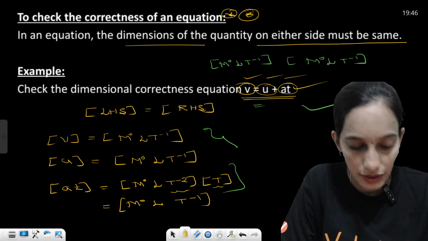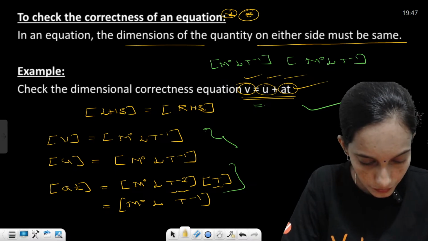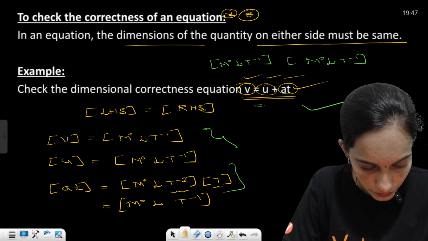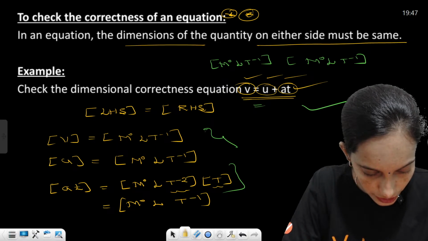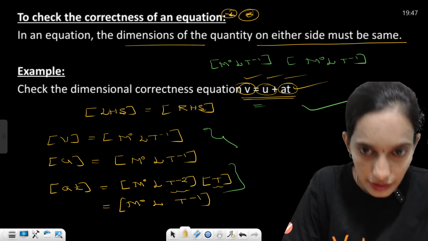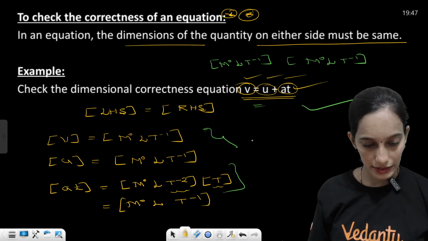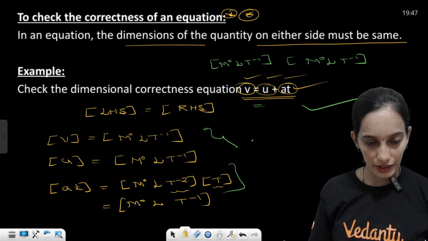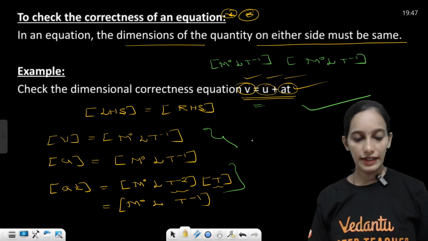Do you want the previous explanation again? Hope it is understood, right, Anvesha? If not understood, I will explain this again. V is equals to U plus AT. Kindly quick response. Okay. Thanks for your response.